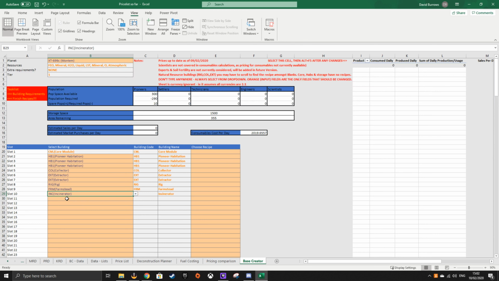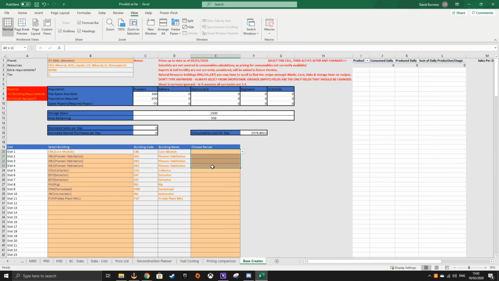We won't need a food processor on Montum because the fertility and the water levels aren't high enough to support farming really. Incinerator. What else might we need here? So we'll do a couple of, should we just do the one prefab? Yeah, that should be fine.